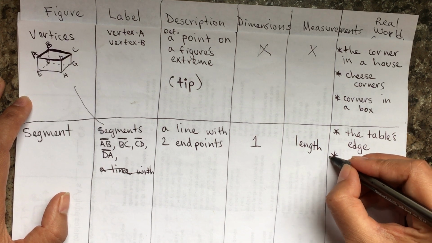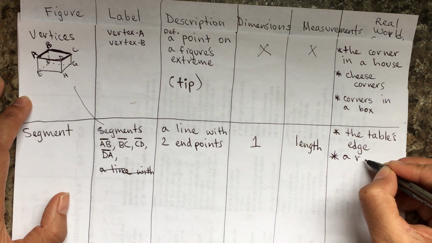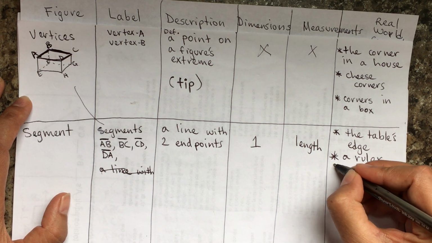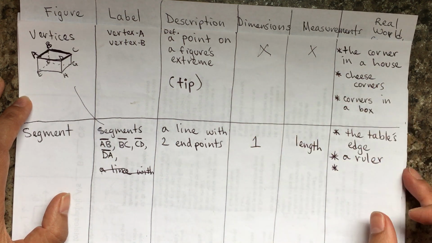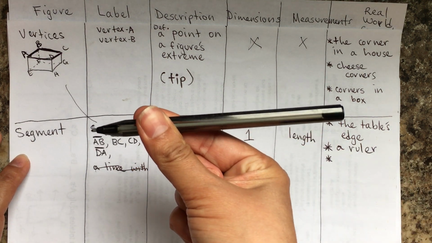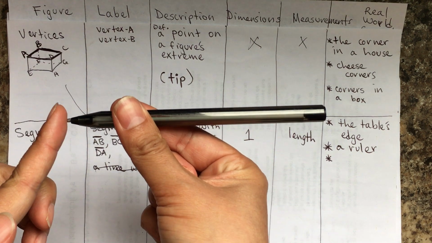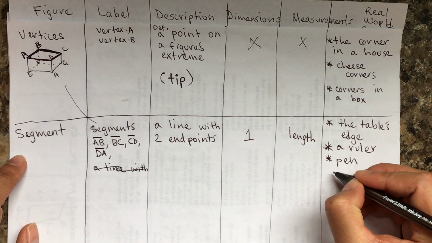They also mentioned a ruler, although some say that could be a representation of a plane because it has a little bit of width. Some people said a pen because it has a beginning and it has an end. Pen or pencil.